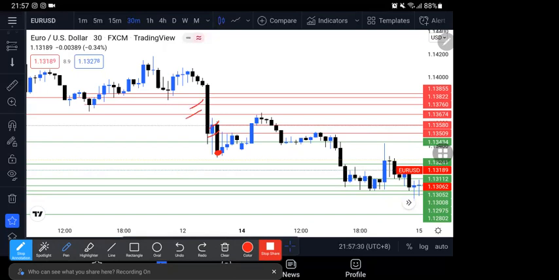We never know which one is going to provide the momentum. As you can see, the market actually moves from key level to key level. So when it touches any key level, when there is enough momentum, the setup will go.